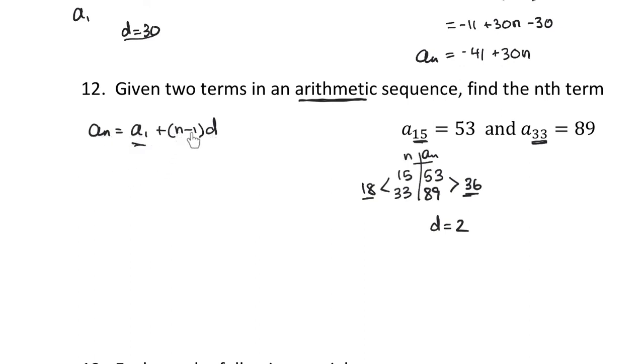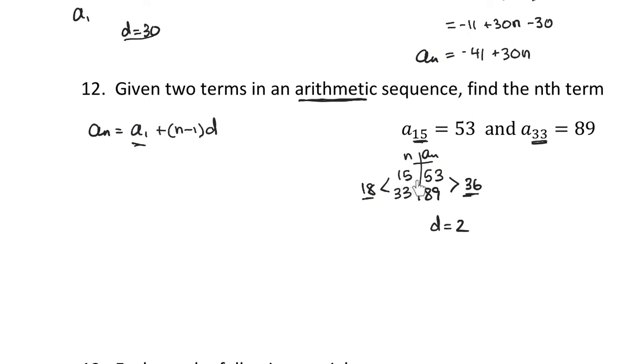You can't solve an equation with 3 variables, you can only have 1 variable, and we want the variable, the unknown, to be a sub 1. That means we need to plug in something for n and something for a sub n that we already know. Well, we already know 2 of them. We know that when n is 15, a sub n is 53, or when n is 33, we know a sub n is 89. You can use either one of these 2 points here.